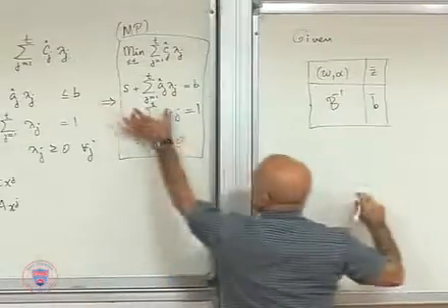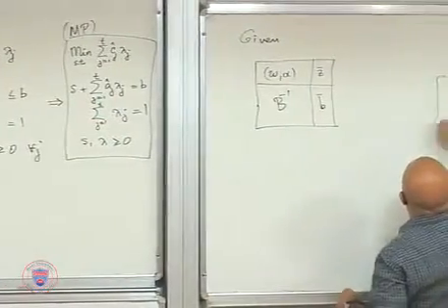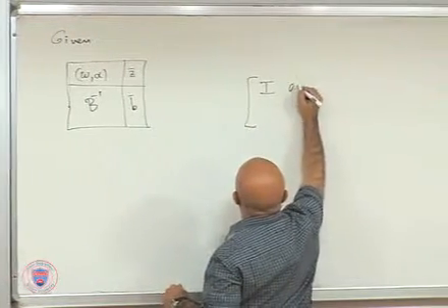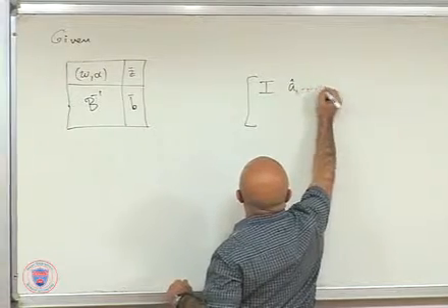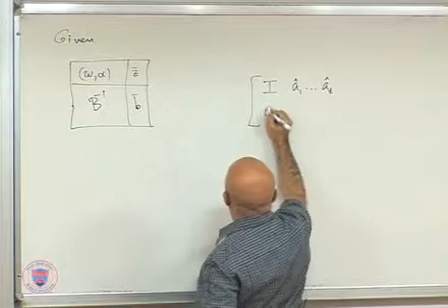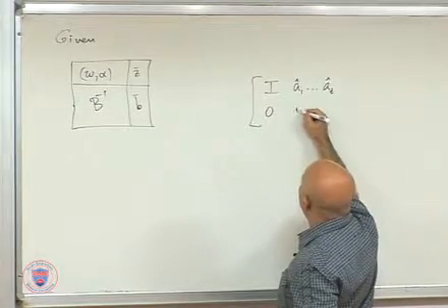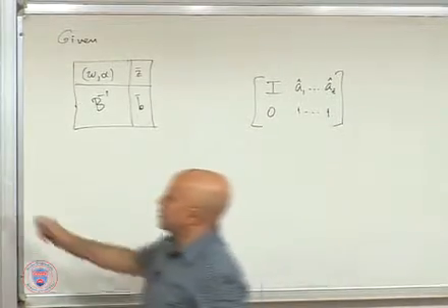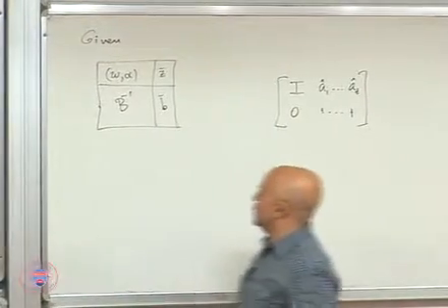If you look at the matrix of coefficients here, you've got identity, and then you've got A1 cap up to At cap, zeros here, and then ones here. That's the matrix of coefficients corresponding to the constraints here.